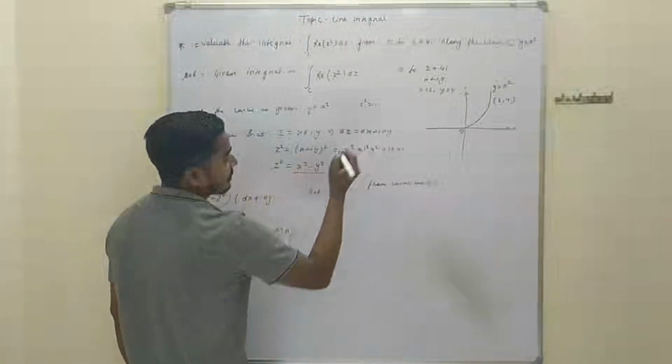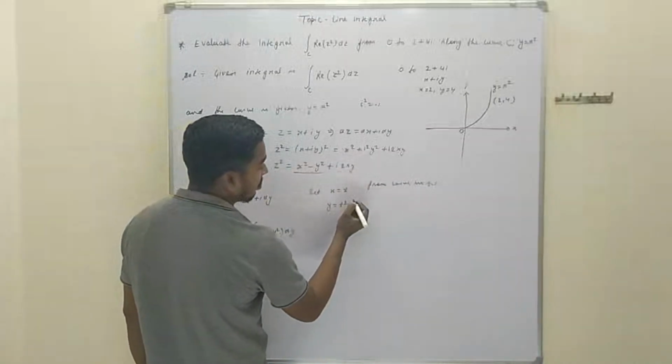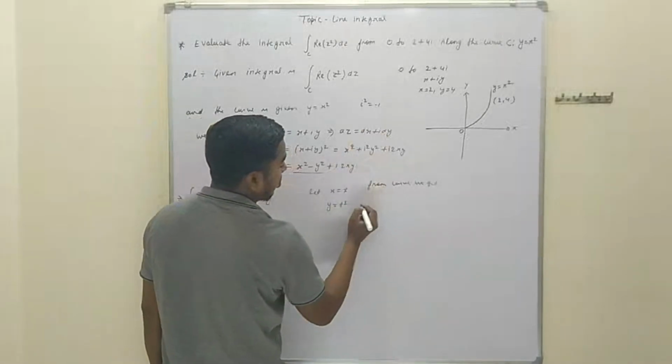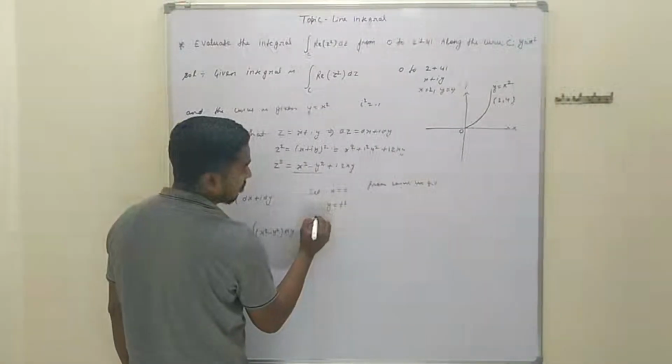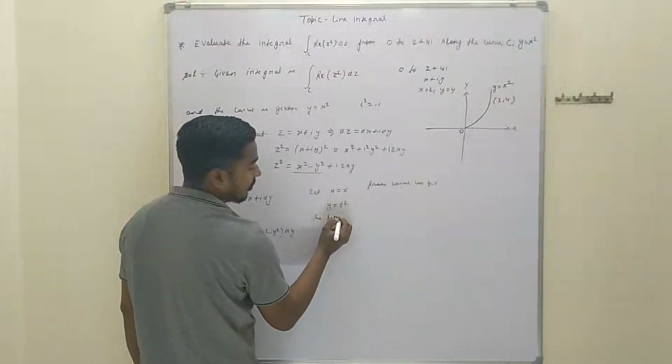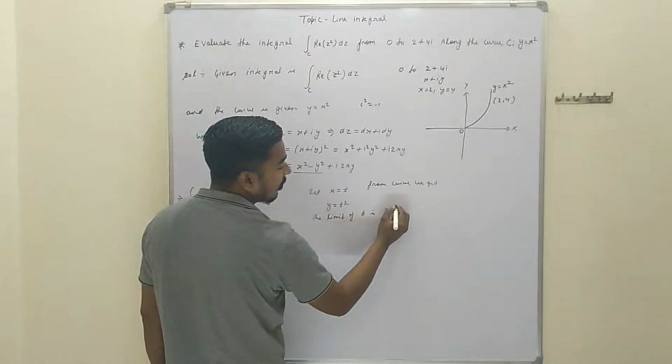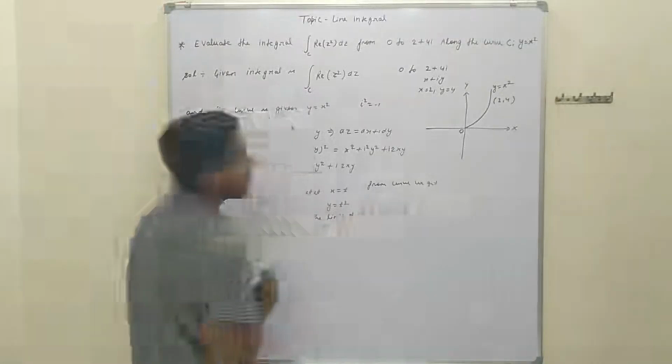When x is 0, then t is 0, and the limit of t is 0 to 2. We consider only the real part of the limit also.